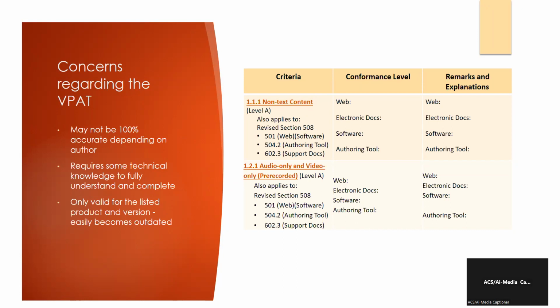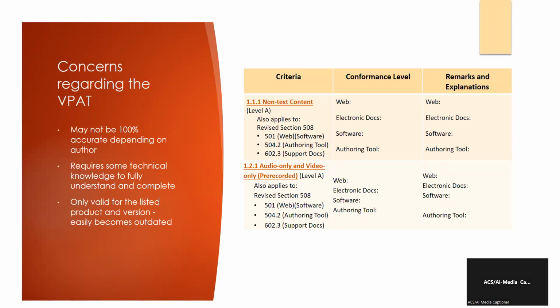And then in the conformance level and remarks and explanations columns, those are broken into 4 areas: web, electronic docs, software, and authoring tools. The reason for that is because it's dependent on what the product is, and then anything else that comes along with the product.